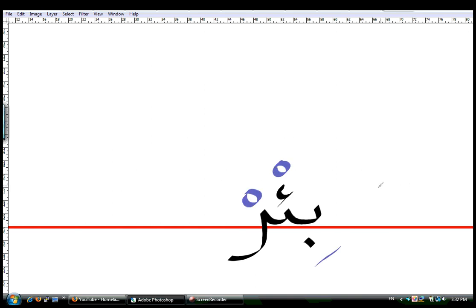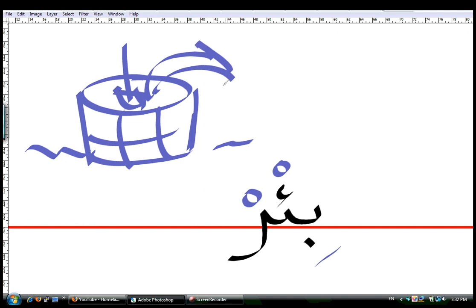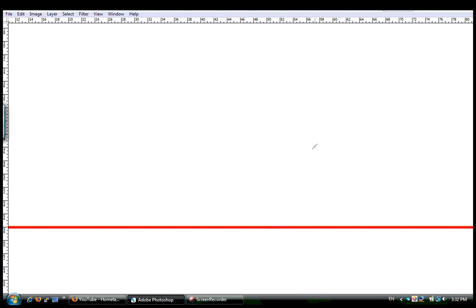Bi'r, which means a well, the well that you get water from, the thing in the ground that you can have a bucket inside and get water out. That's a bi'r. Okay.